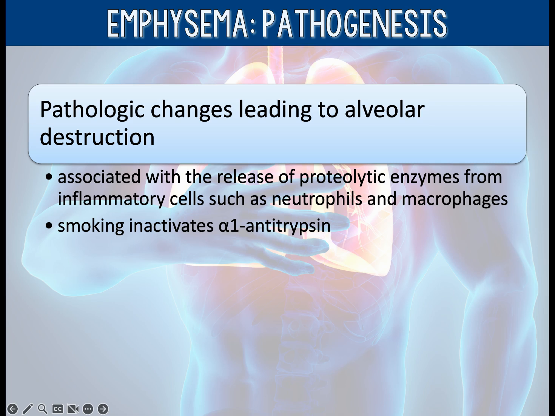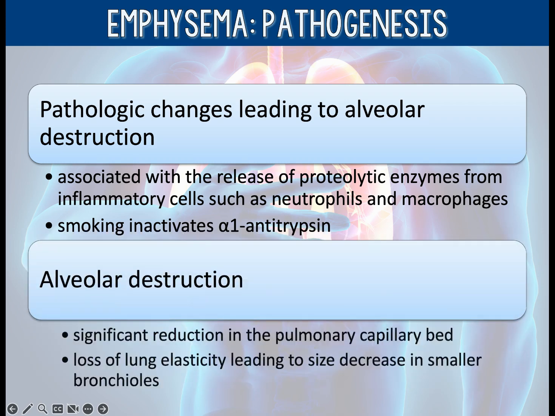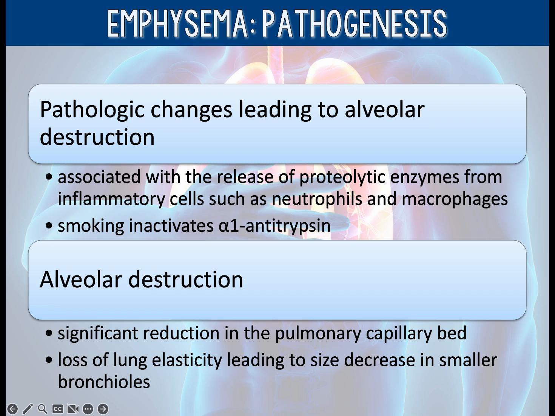So what happens is that it results in the destruction of sensitive lung tissue. And with the loss of alveolar walls, there is a huge reduction in the pulmonary capillary bed, and of course there is a problem with the exchange of oxygen and carbon dioxide between the alveolar air and capillary blood. There's also a loss of elasticity in the lungs, which leads to a decrease in the size of the smaller bronchioles.